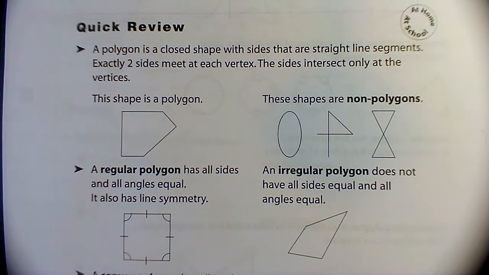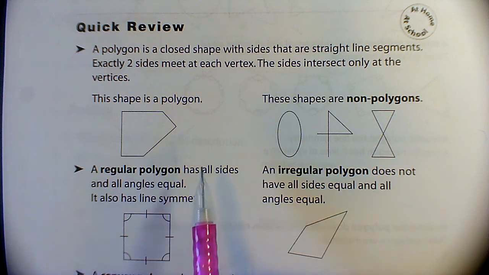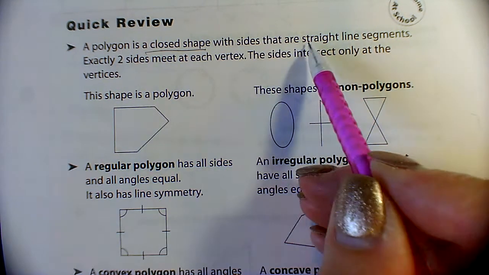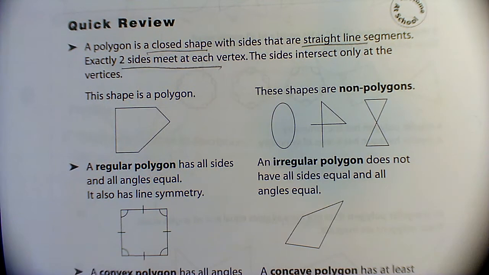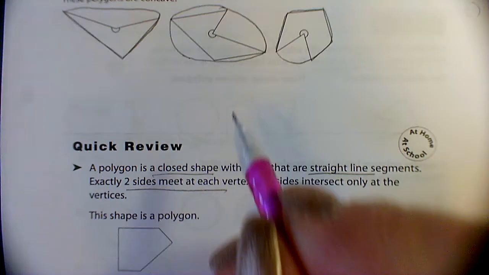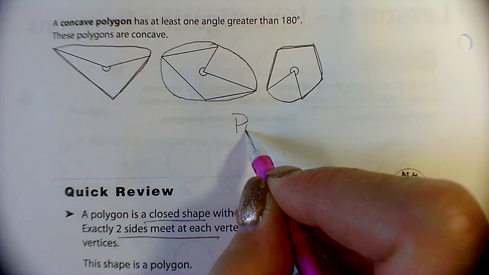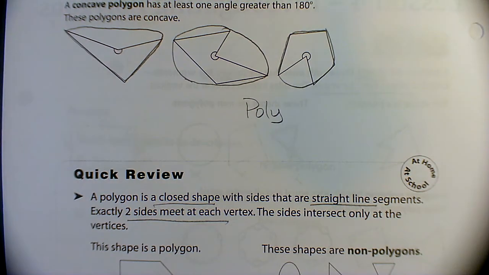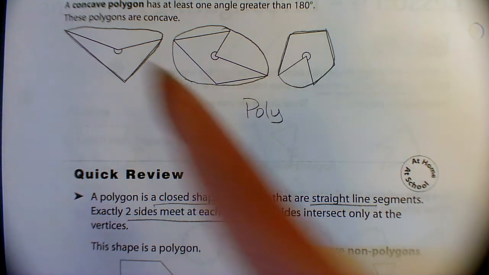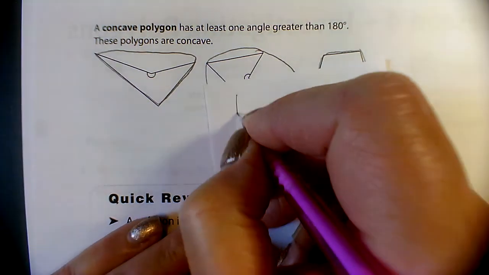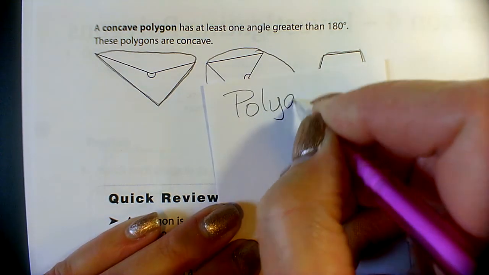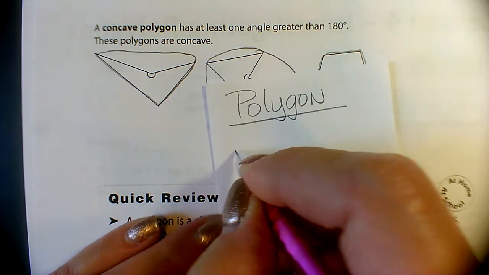A polygon must be a closed shape, with straight lines, and two sides meeting at a vertex. That's your three things, every single time. I'm going to put this on a card so I can move it around. So a polygon has to have three qualities.